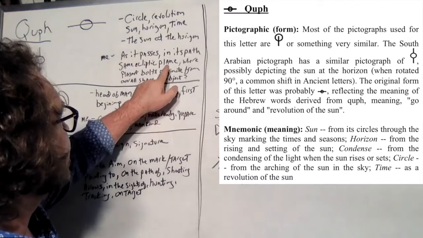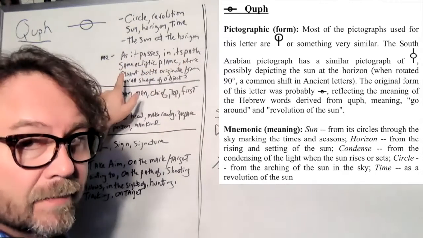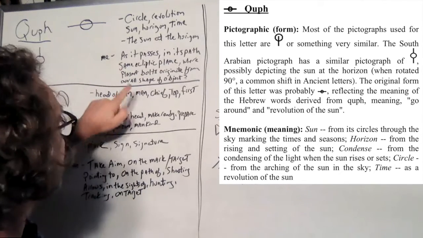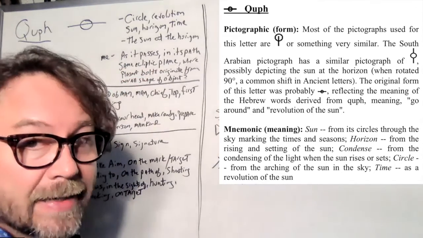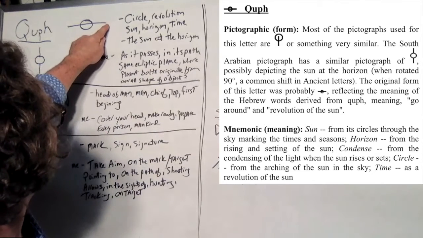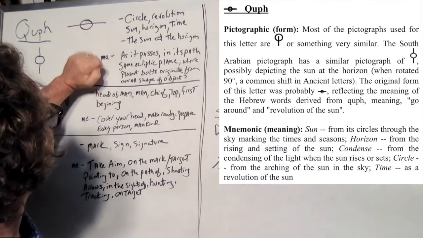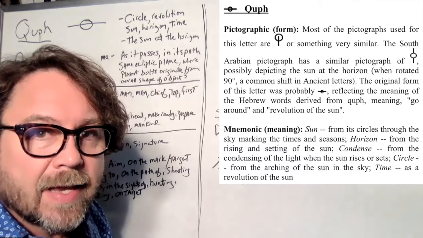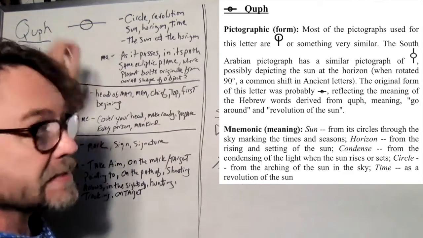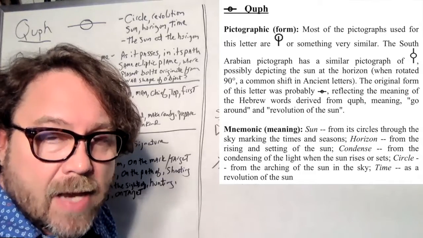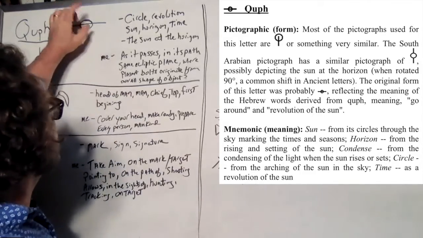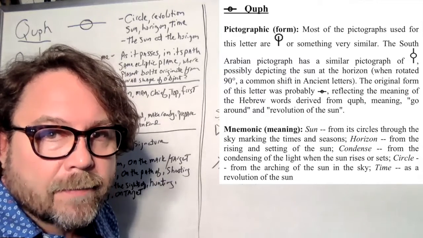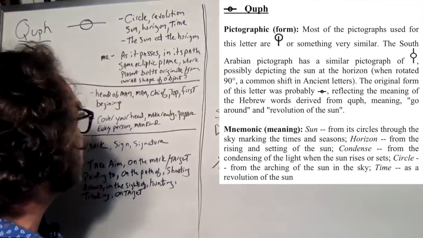So as it passes, in its path, maybe this is a path, same ecliptic plane, say that this was the ecliptic plane. That's how they would most likely represent that Earth is in the same ecliptic plane as the object, or either the object is in the same ecliptic plane as Earth. Either way, I think that's a very good representation of that.